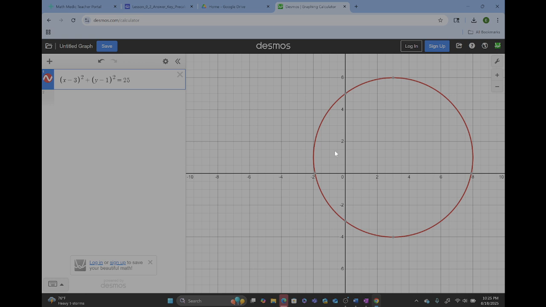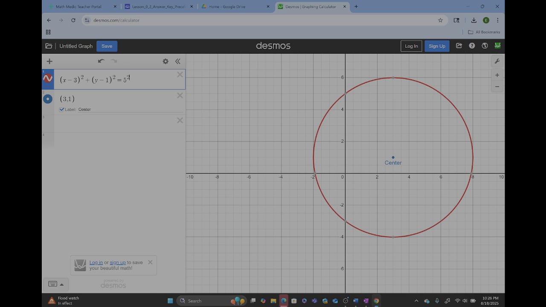And we'll see how this all works, but you'll notice that this circle is centered at 3, 1. So this is the center. And that's really determined by these values that are inside the parentheses here. And then the radius of this circle is 5, and that's determined by this number.